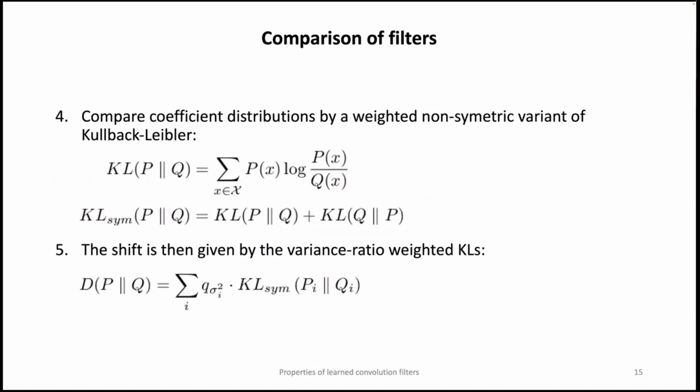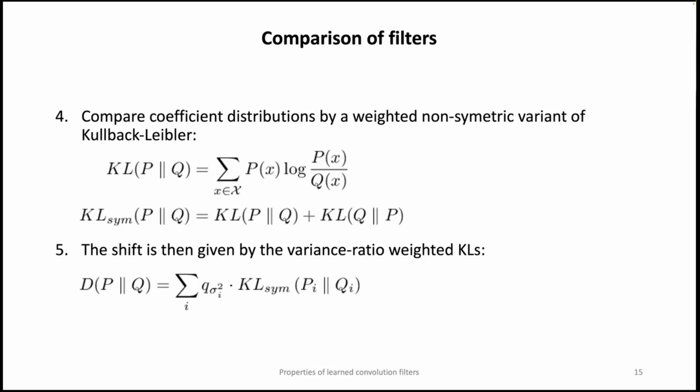And then we can, of course, go ahead and compare these two distributions by the Kullback-Leibler divergence. And we did a slight twist to it. We did a modification such that it becomes symmetric, just so we don't have to deal with symmetry issues. And then we compute the Kullback-Leibler divergence on every coefficient, and we weight them by the amount of the variance on each coefficient, and then obtain a distribution shift measurement.